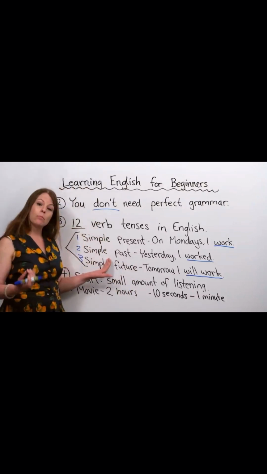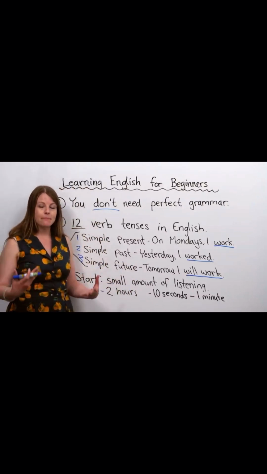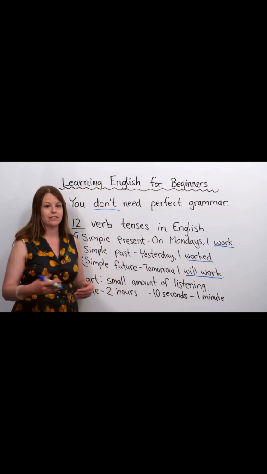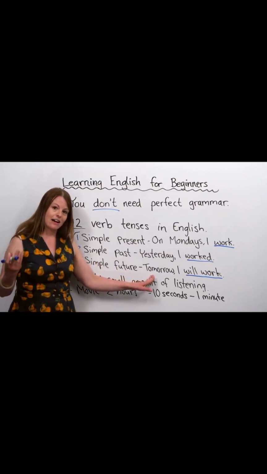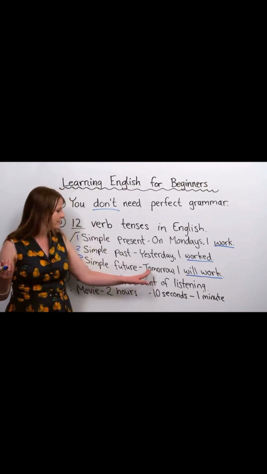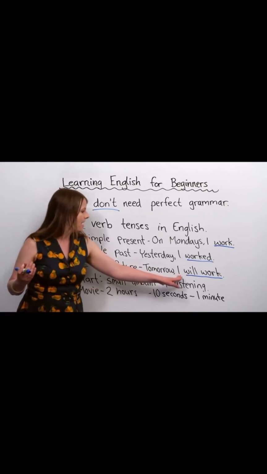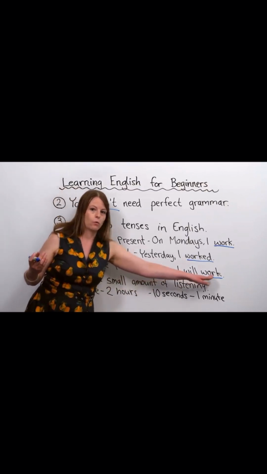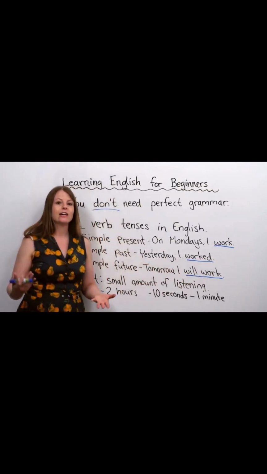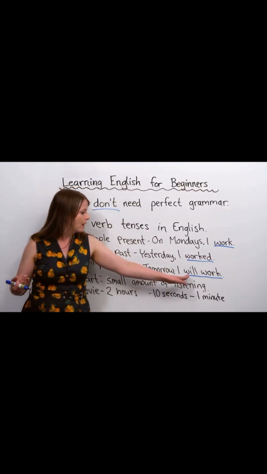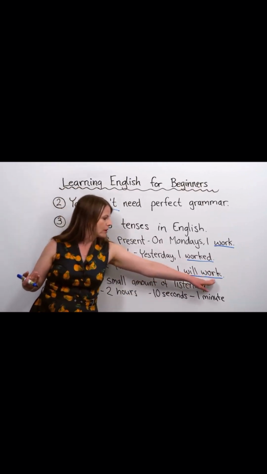It's important to be able to talk about the future in English. So here is an example of the simple future. Tomorrow, I will work. When we talk about the future, we can use the verb will. I will work.